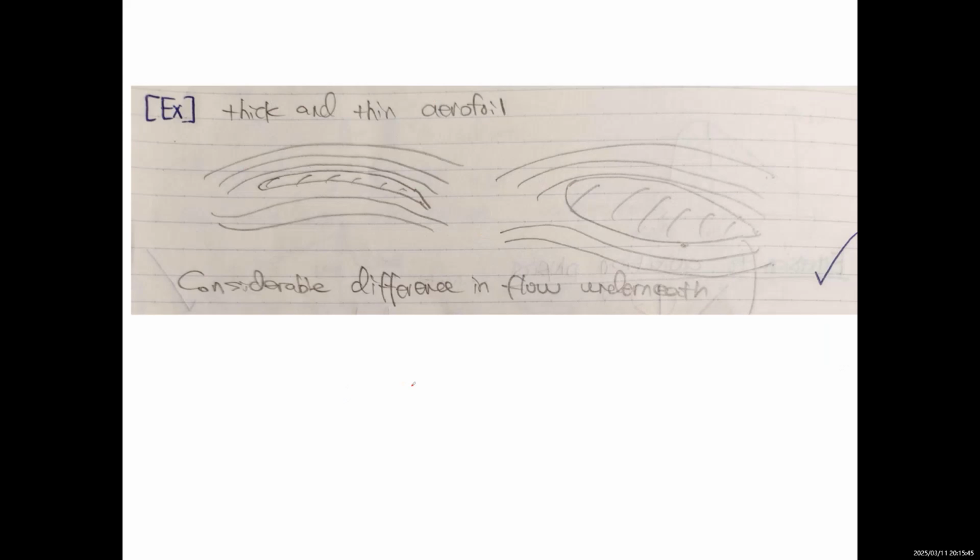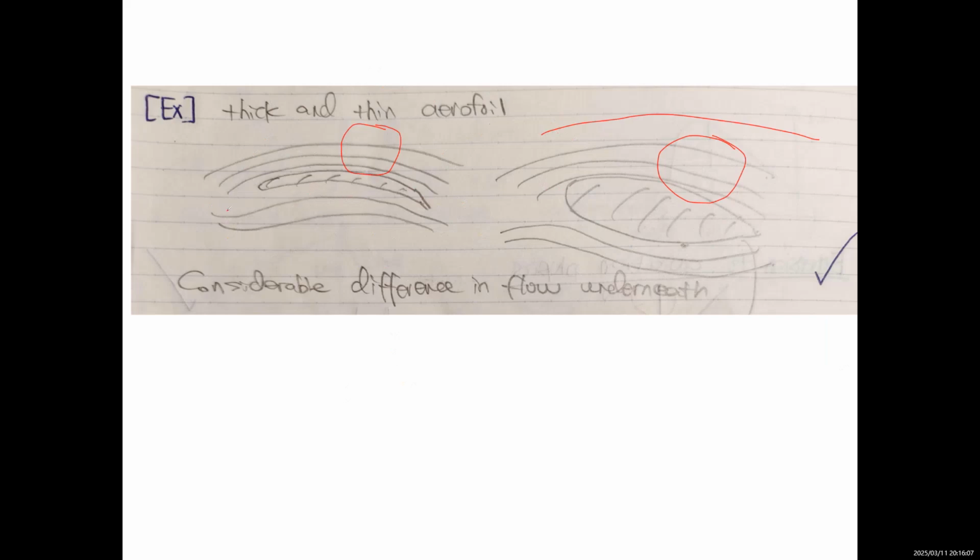So now we'll talk about the thick and thin aerofoil wings. As you can see, the streamlines above their surface are quite similar. It's bending upwards with similar curvature, but the streamlines below them are quite different.